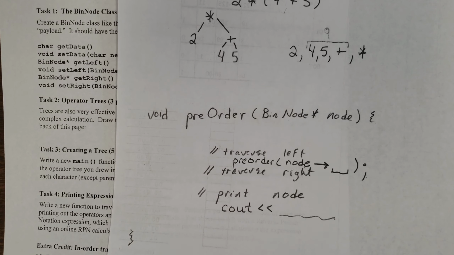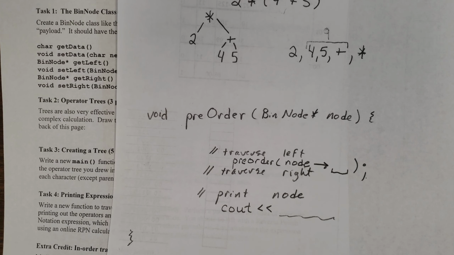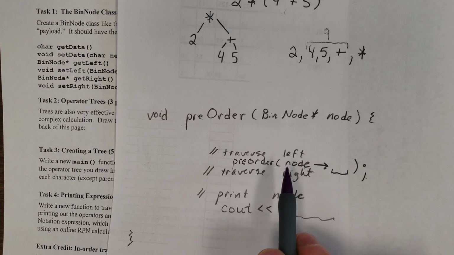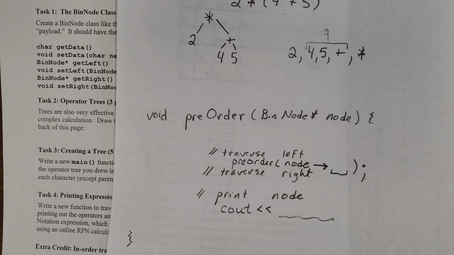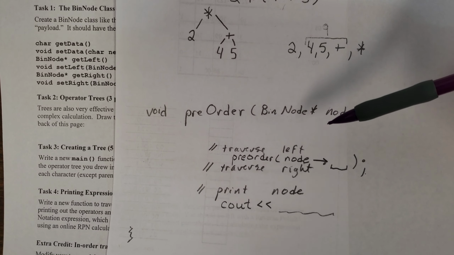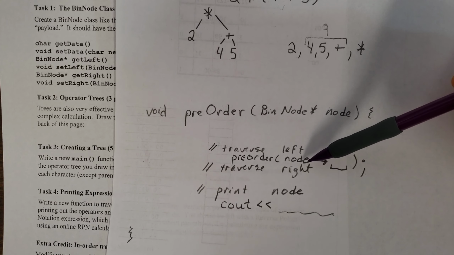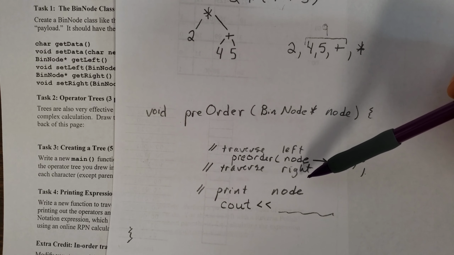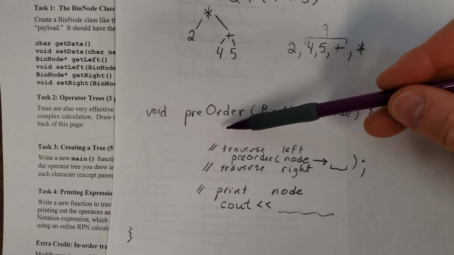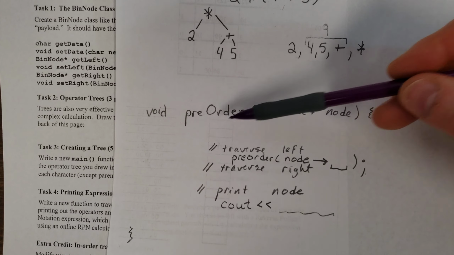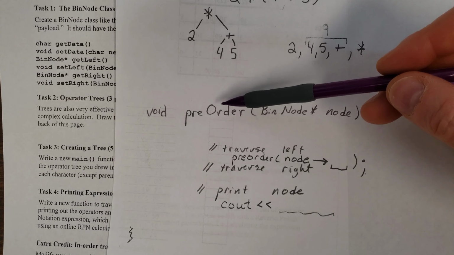Then handling the special cases. These are recursive calls, so we have to have a base case. There's two different ways that you can do it. One, before you traverse left, check to make sure that it's not empty, and before you traverse right, make sure that the right subtree is not empty, and then you can print out yourself. The other thing you could do is test to see whether this node is null at all.